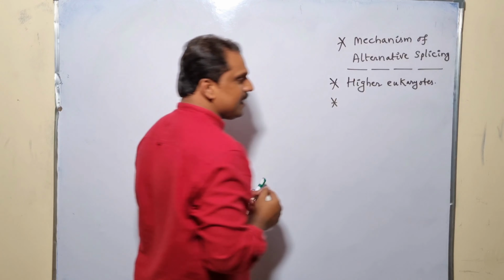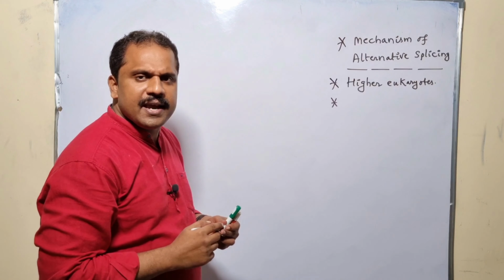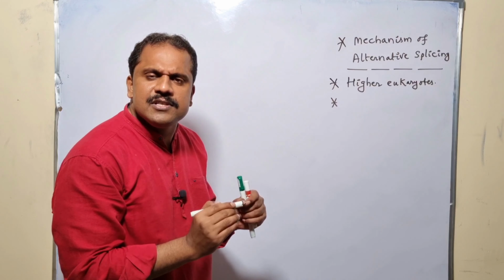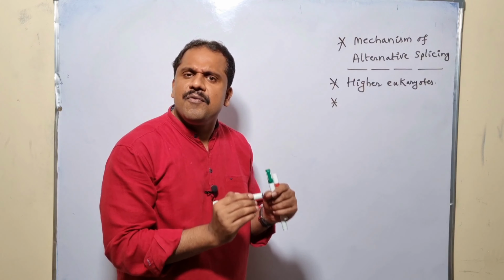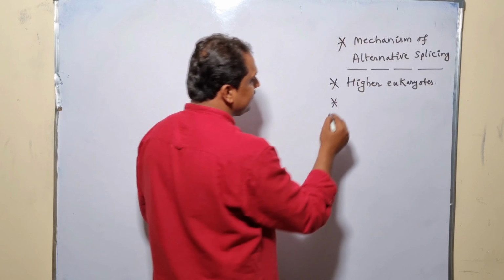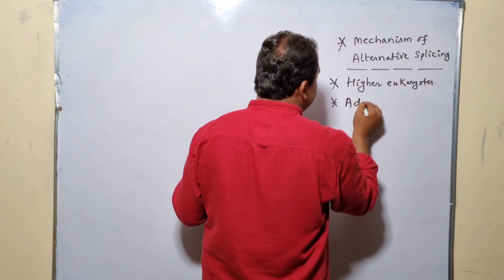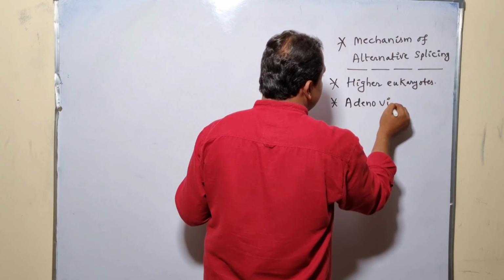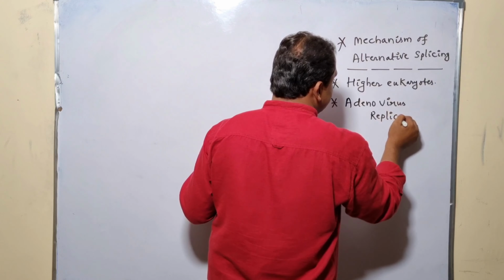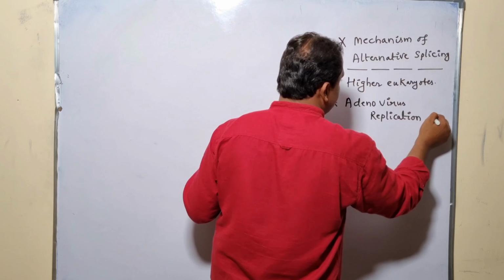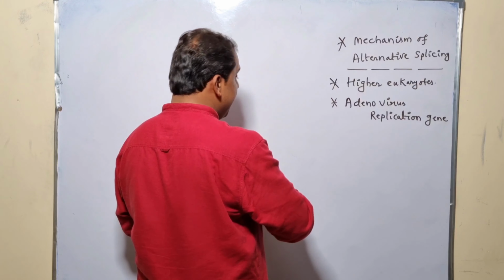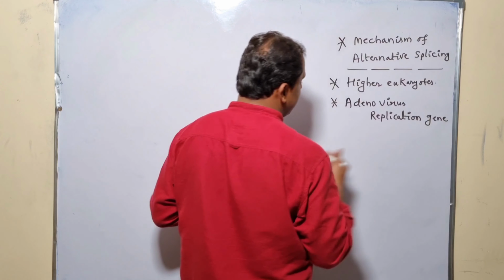So for the very first time, the alternative splicing mechanism was observed in a particular eukaryotic gene which is responsible for organizing the adenovirus replication mechanism. So let me write it here. Adenovirus replication mechanism gene. Then after, in many of the eukaryotic genes, the alternative splicing mechanism is successfully observed.